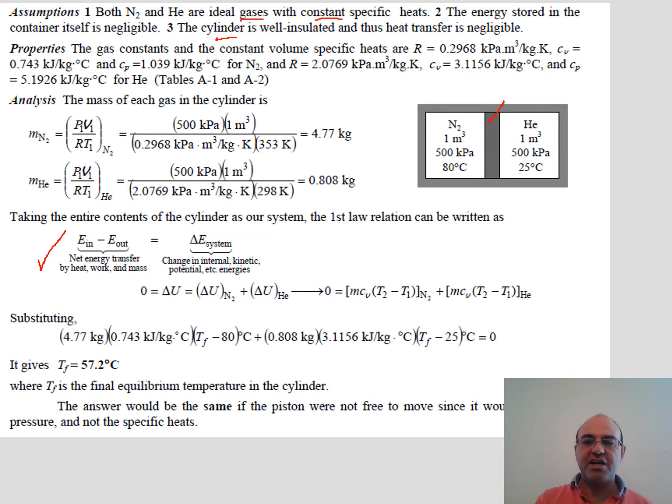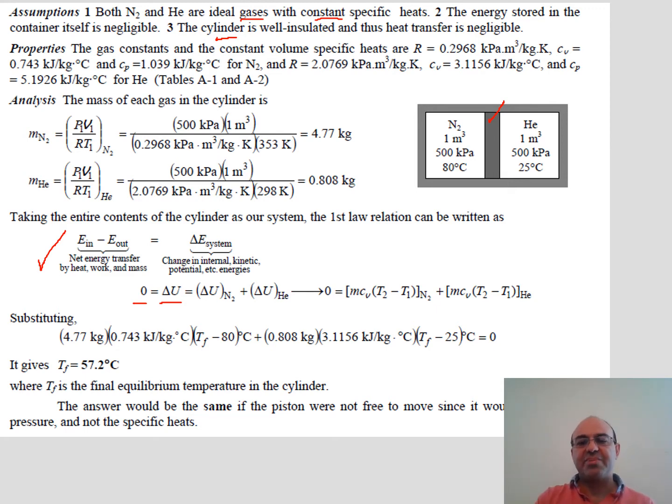If you consider the cylinder and the two gases together, there is no energy in and no energy out, so on the left side you have 0. The change of the energy of the system, therefore, is delta U, neglecting kinetic and potential energy.